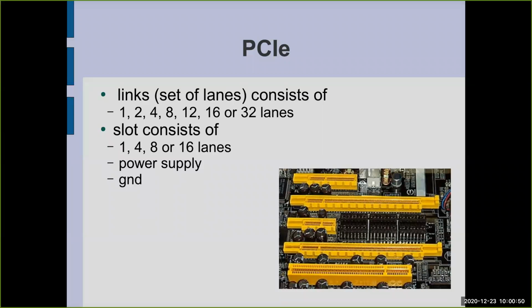The result is that it works slower, but it still works. But if you want to achieve the highest performance, you should check whether your processor supports the number of lanes you want or need to use. So there is a risk that if you connect two peripherals to these wider slots, you would not be able to connect other devices to these shorter slots.